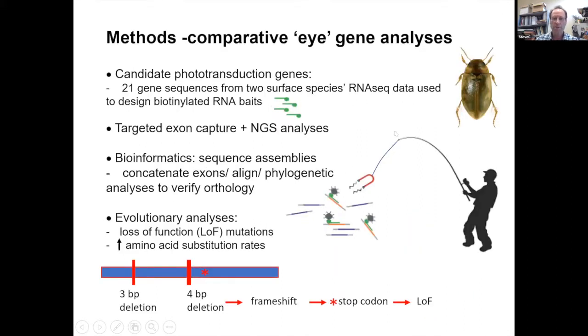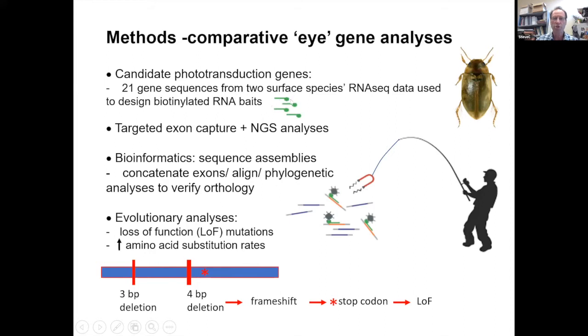So the methods employed here were first to identify candidate phototransduction genes. And this was done by some very nice research by Simon Tierney, and 21 gene sequences were discovered using RNA-seq data from surface species and also some subterranean species.